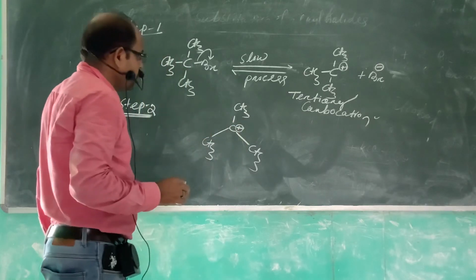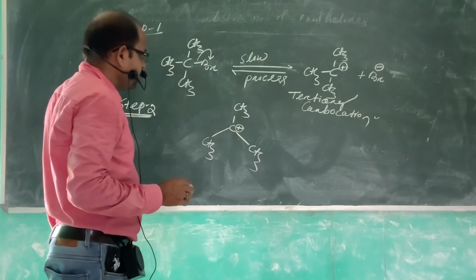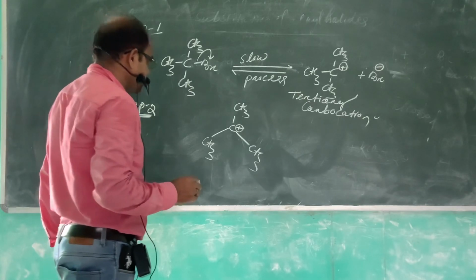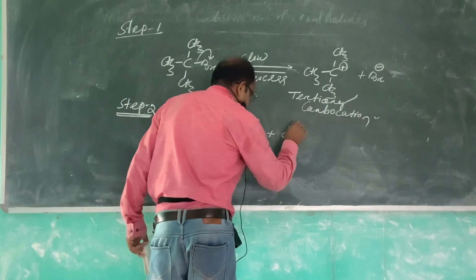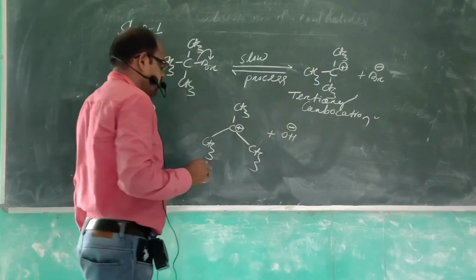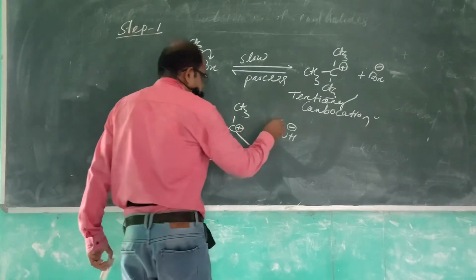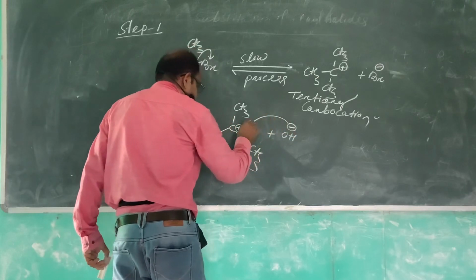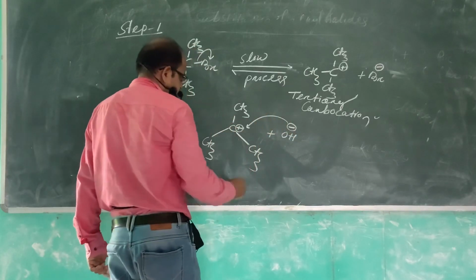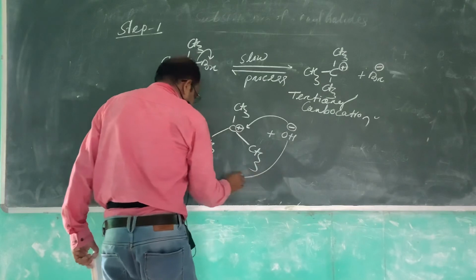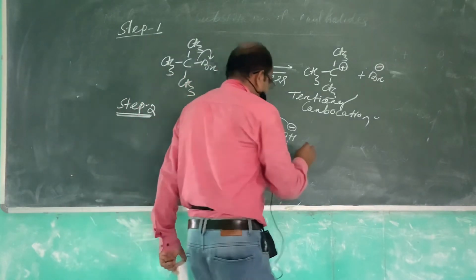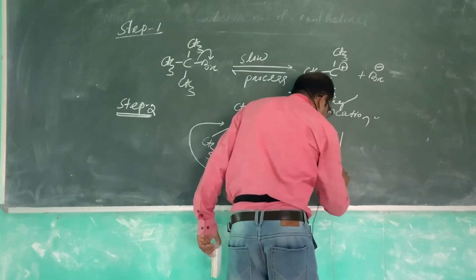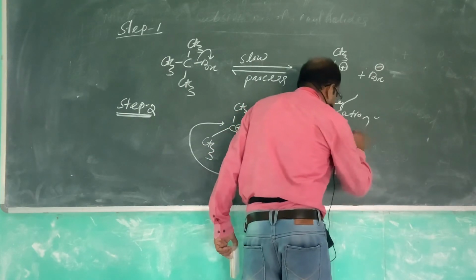Due to the planar character of the tertiary carbocation, a nucleophile can attack from both sides, front side and back side. As a result, we can get two different products.